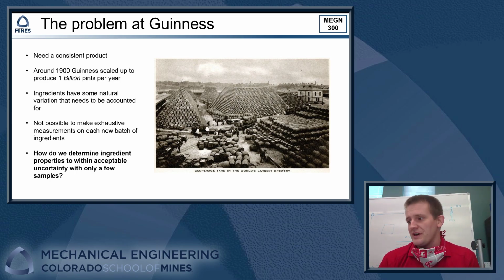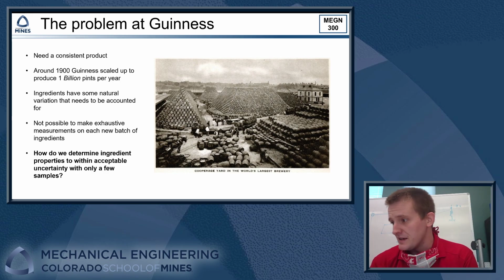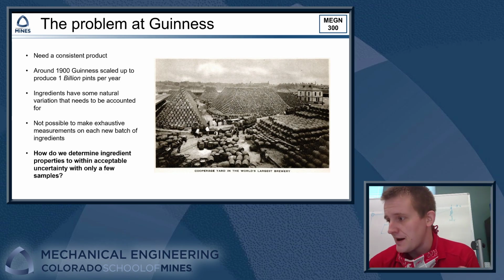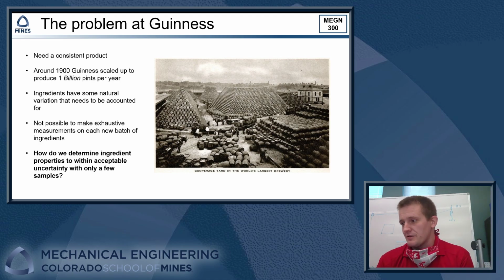Now, the problem with that is if you want to have a consistent product so that a pint of Guinness always tastes the same no matter what pub you go to or what time of year you go to the pub, you need to account for some of the natural variations that you're going to get in your ingredients when you're making your beer. So beer is made out of malted barley, hops, water, and then yeast added, and particularly the malted barley and the hops are naturally grown agricultural products.